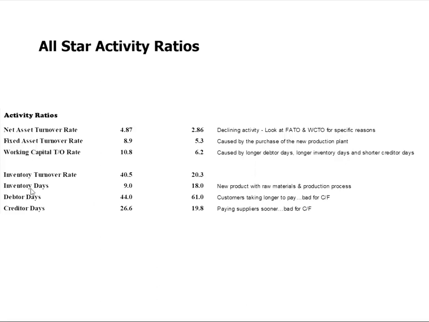So let's start with the inventory days. This tells me we had inventory on the shelf for 9 days in 2017, but by the time 2018 rolled around, inventory is on the shelf for 18 days on average. So that tells me there's more stock in the business. We have a production business now.